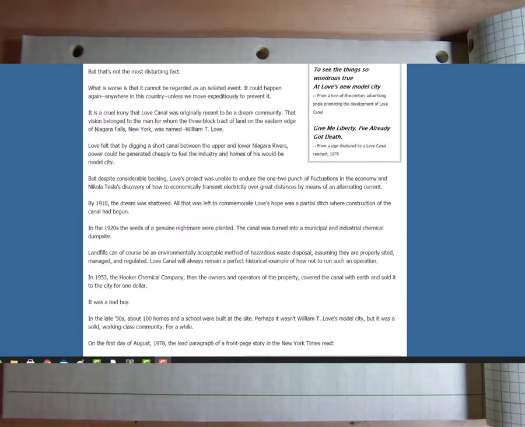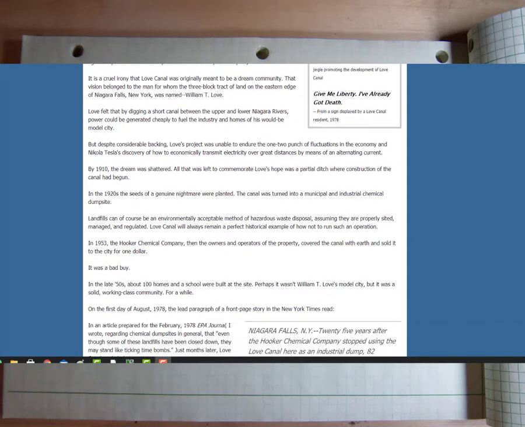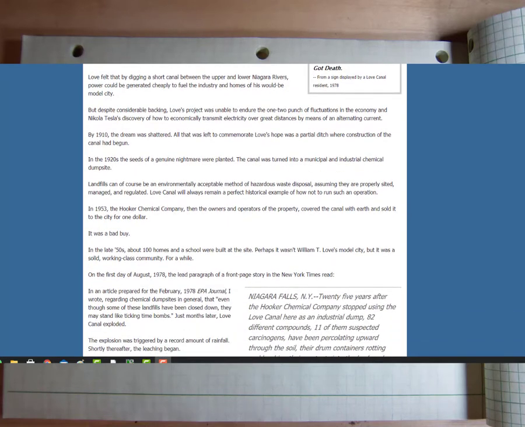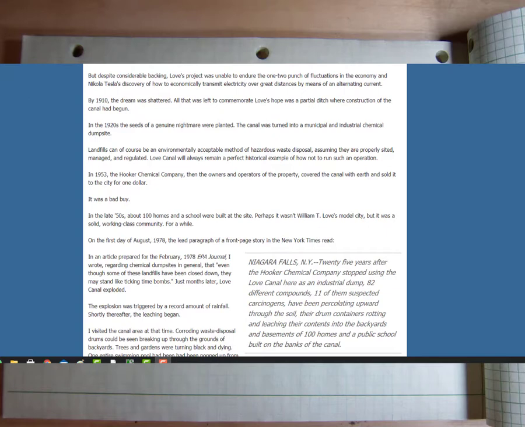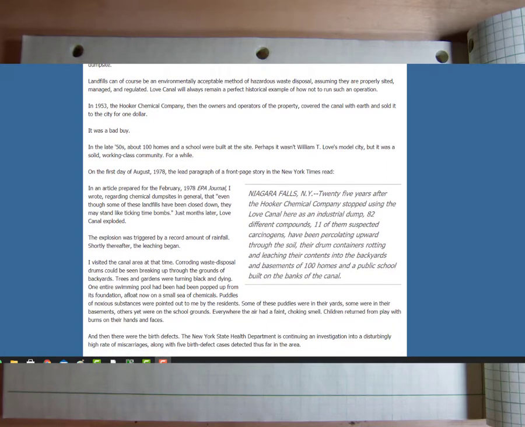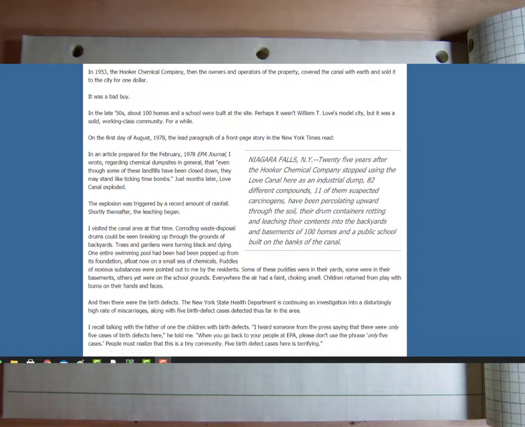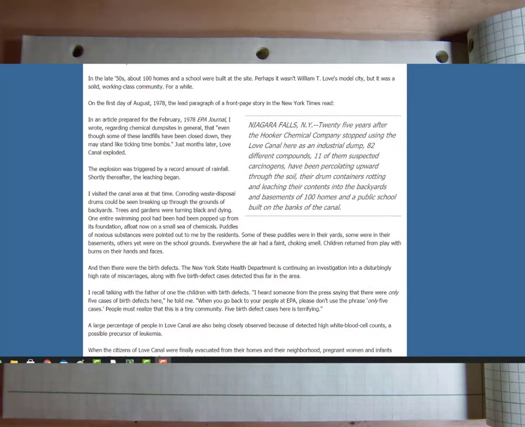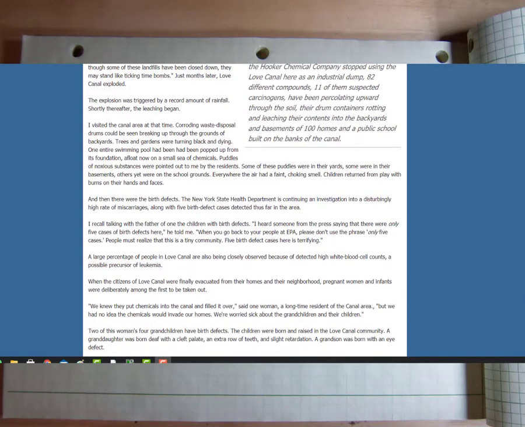The land was sold, and many homes were built on top of the site. Eventually, the chemicals leaked out of the drums into the soil, water, and air in the vicinity of the old dump site. Soon it was evident that residents in the area of Love Canal were suffering from unusually high rates of cancer, miscarriage, birth defects, kidney disease, and other illnesses.